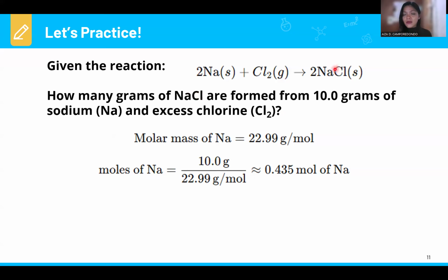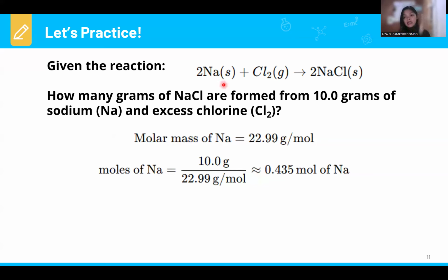Now, since we're going to convert this into the grams of sodium chloride, what is the ratio of the sodium to the sodium chloride? That is 2:2.